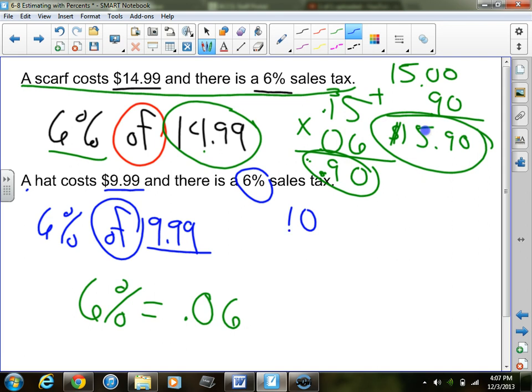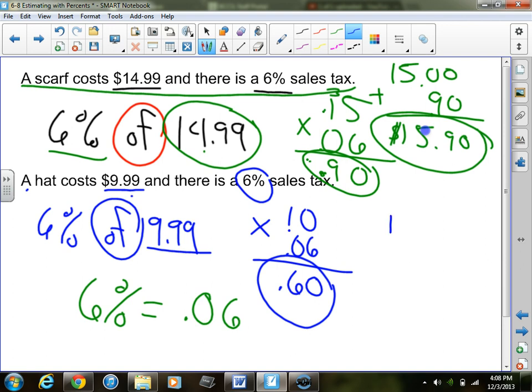Okay, so I'm rounding $9.99 to 10, and I'm going to multiply it by 6%, or 0.6 tenths. I'm going to multiply that out and get 60 cents. Now I take this, because this is the sales tax, that's how much the government gets when I buy this item.